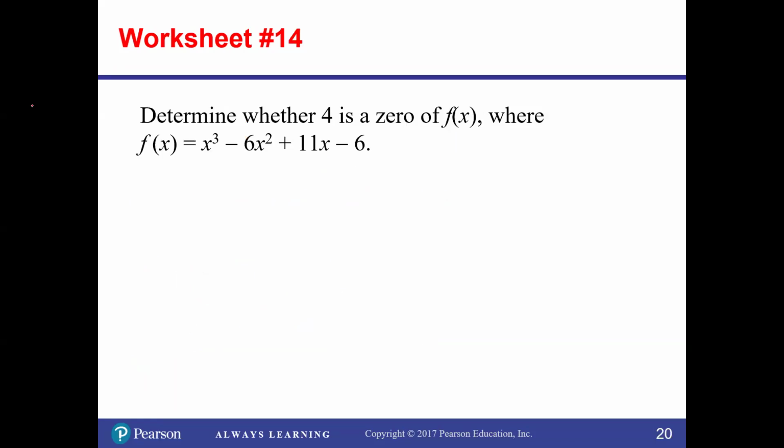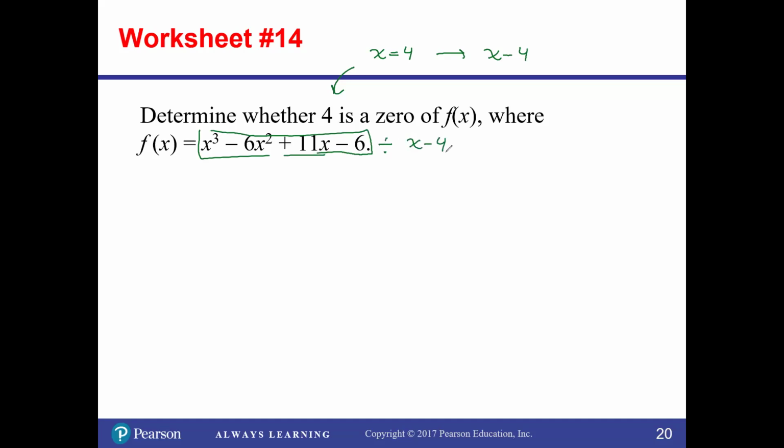So here we wanted to determine if 4 is a 0. If 4 is a 0, that means it came from this linear factor. So we don't have to worry about that linear factor part. Essentially what we want to see is, we have that polynomial, and we want to divide it by x minus 4.